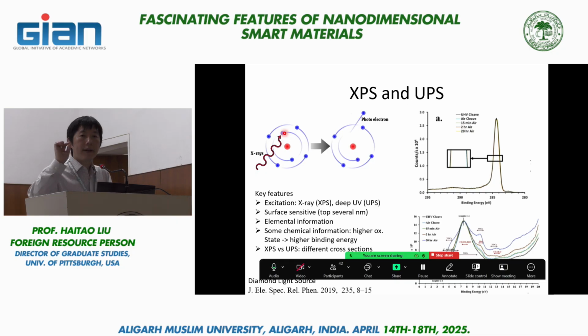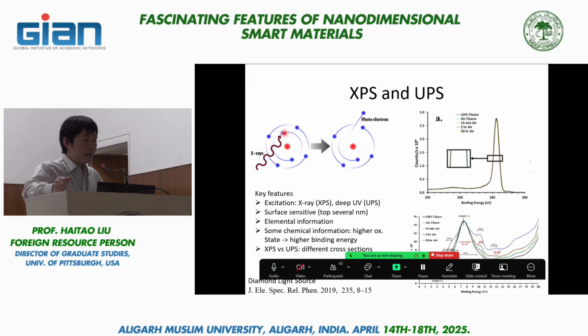And even more precisely, the oxidation state of the element would impact the exact energy of the photoelectron, sometimes called binding energy. And typically a higher oxidation state, so more positive charge, would produce a higher binding energy of the photoelectron. So this tiny shift, usually just a couple of eV or less than an eV, will give you a little bit more chemical information about the oxidation state of those elements, even though it's not a lot.